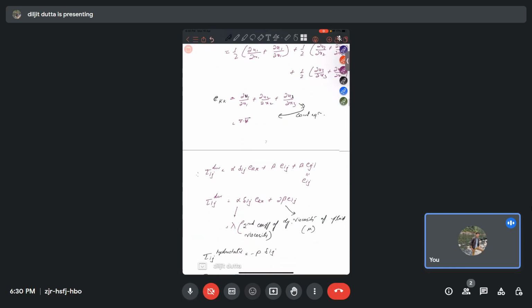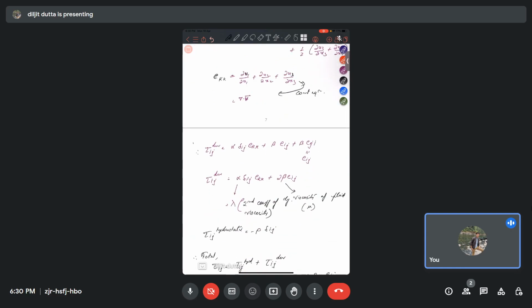So after simplification we will get the expression for tau ij deviatoric as alpha into delta ij into epsilon kk plus beta epsilon ij plus beta epsilon ji. So it will be 2 beta epsilon ij, since these two are symmetric.